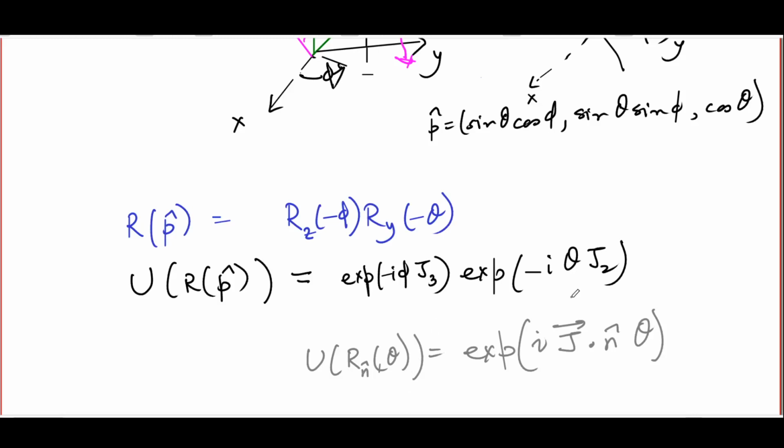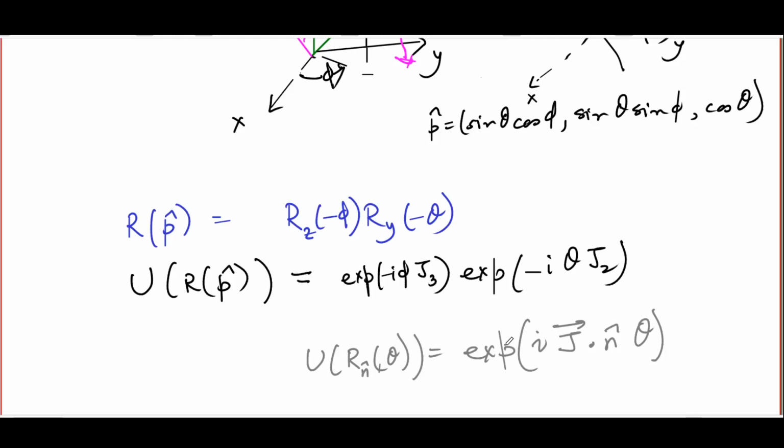So basically a rotation through an angle theta about the y-axis would have been e to the i theta J2, not e to the minus i theta J2. You may have seen e to the minus i theta J2 in some textbooks, but there they are using active rotations. We are talking about passive rotations here.